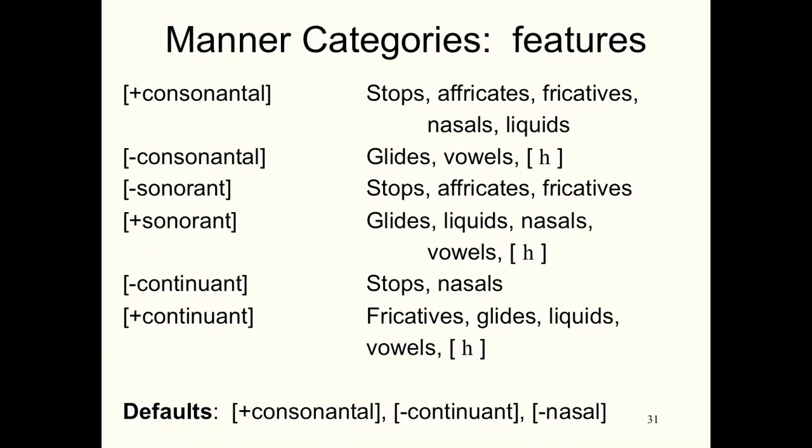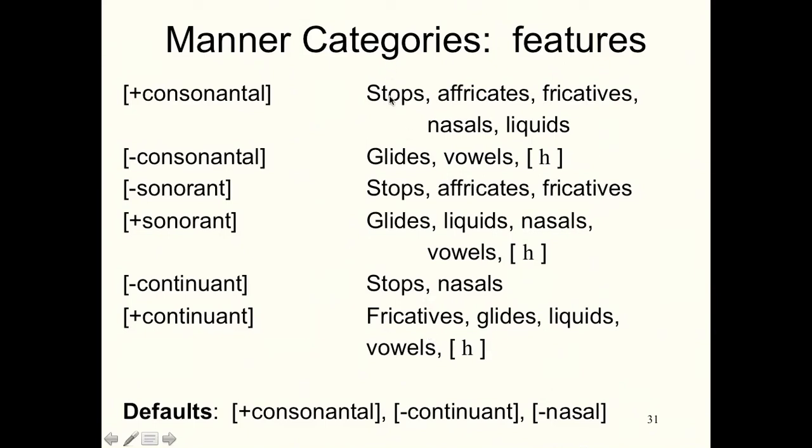Putting these things together, you get these different manners of articulation. Okay, so these are the manners of articulation that are plus consonantal. These are minus consonantal. These are the ones which are minus sonorant. These are plus sonorant. These are plus continuant. And these are minus continuant, and these are plus continuant. Put them all together.